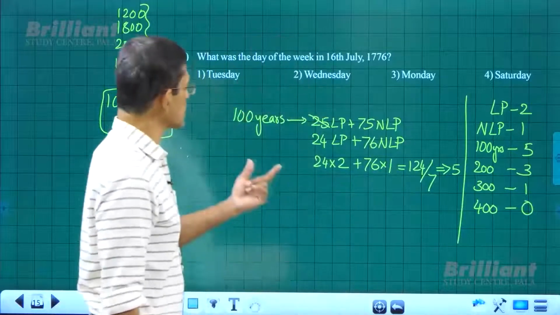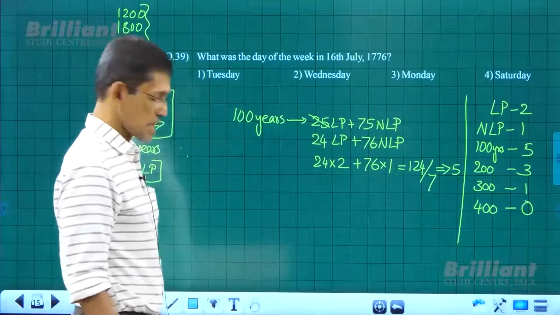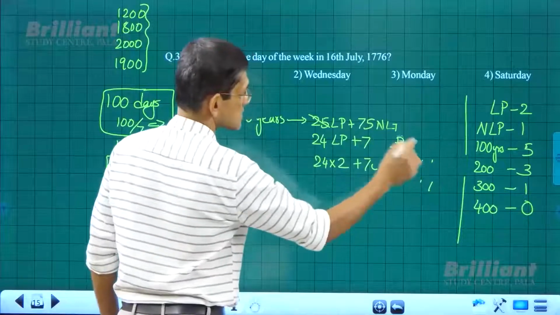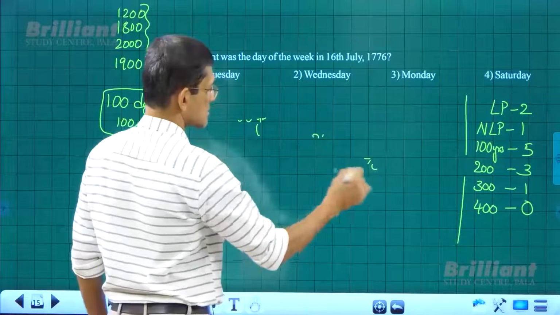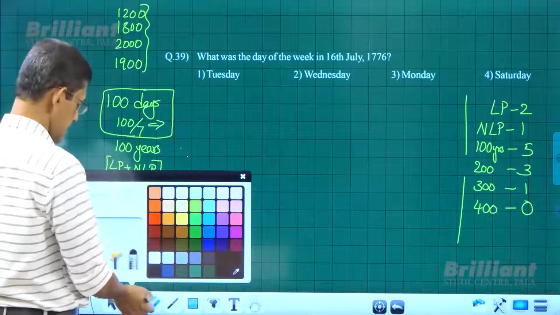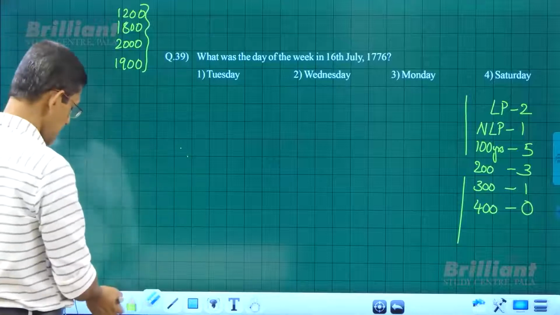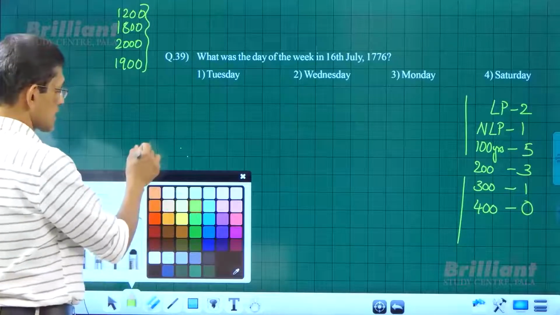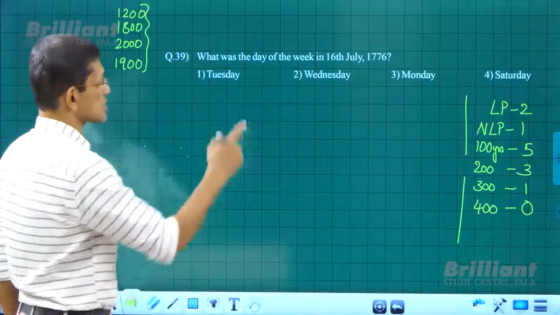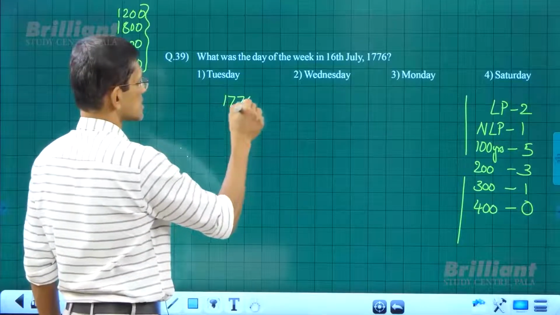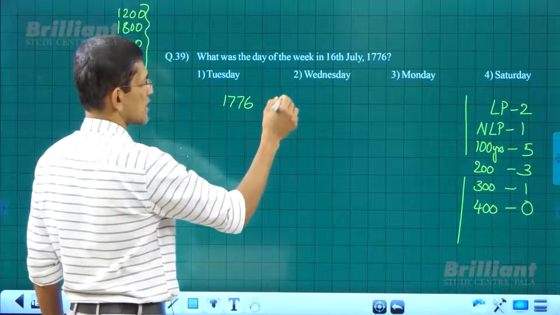Now, how do we use that in this calculation? Let's take a look at this. What we need to find is the number of odd days from the beginning of the first year. In this case, 16th July 1776 is the day we need to find out.